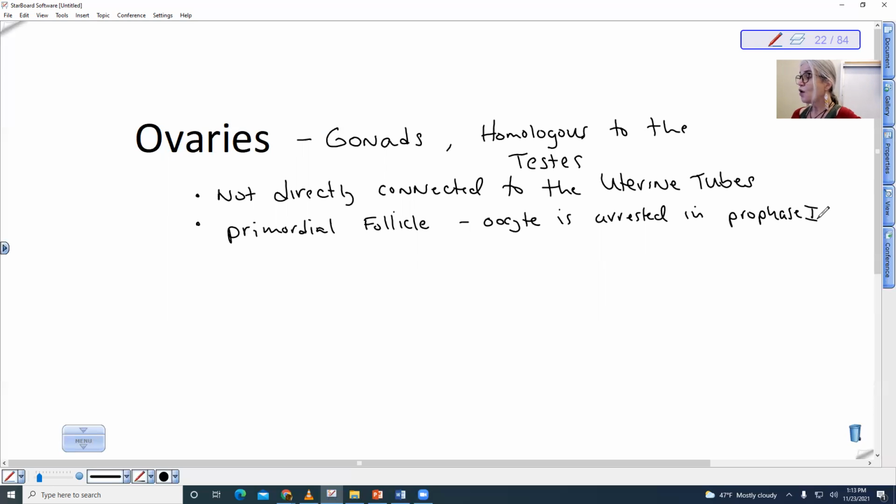So the ovaries respond to the production of 2 hormones, the follicle stimulating hormone and the luteinizing hormone. And these are produced and secreted by the anterior pituitary. So the ovaries are regulated by anterior pituitary hormones.